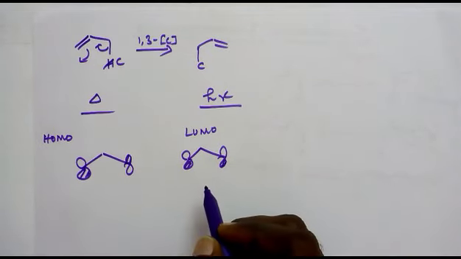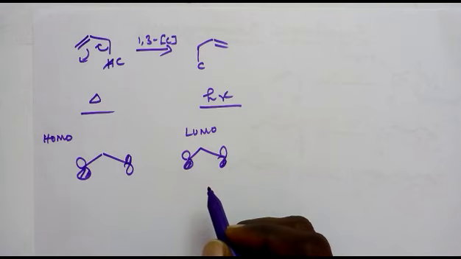For carbon, there is a difference in the way it overlaps with the lobes. It differs from the proton hydrogen overlap.